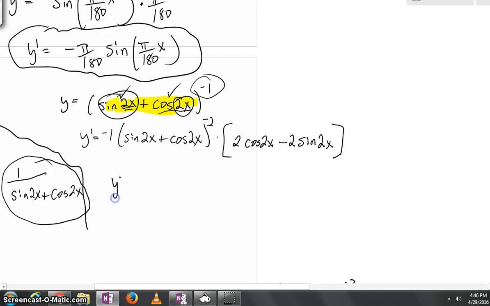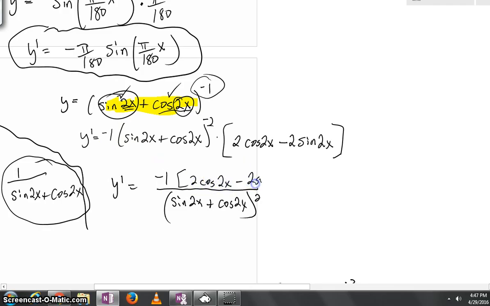But hopefully you can see negative exponents mean bring those terms down. So I'll have sine of 2x plus cosine of 2x, and I'll raise that to the second power. Here I've got negative 1. And we've got 2 cosine of 2x minus 2 sine of 2x.